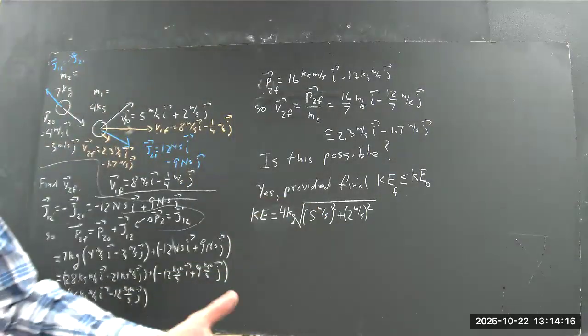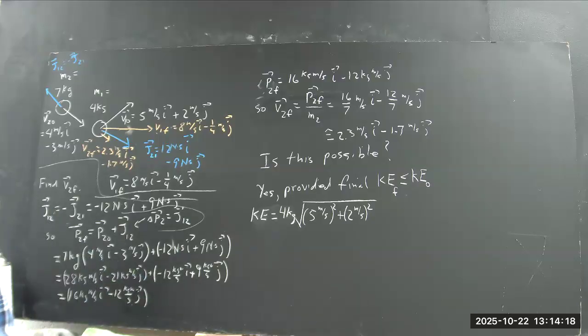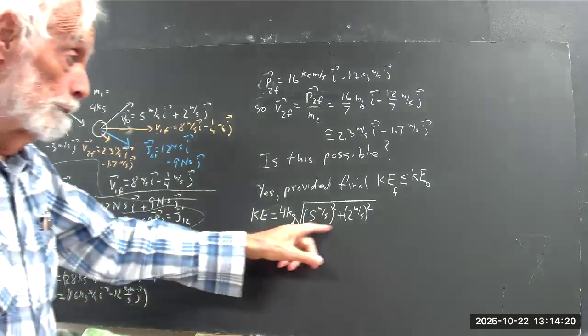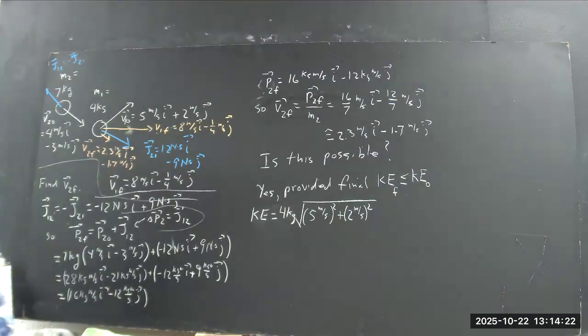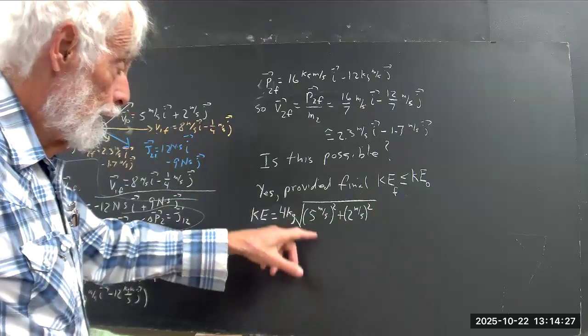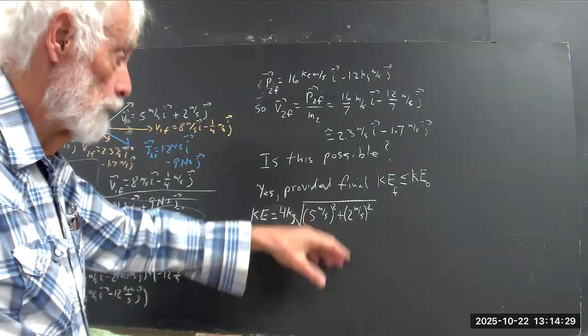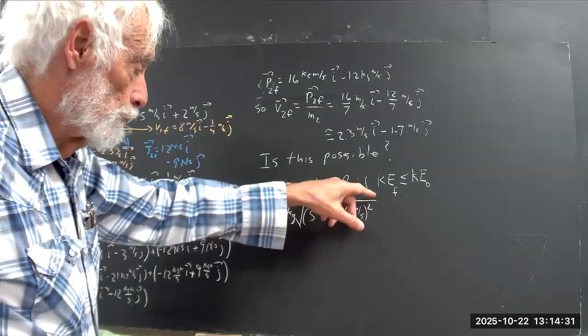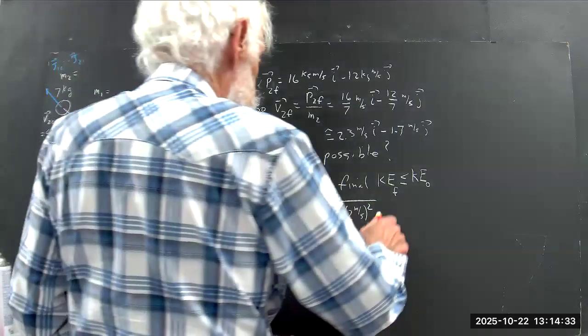There's your speed, which is straightforward Pythagorean theorem on your components, okay? So again, 4 kilograms times the square root of the quantity, 5 meters per second squared, plus the 2 meter per second quantity squared. That's all under the square root.